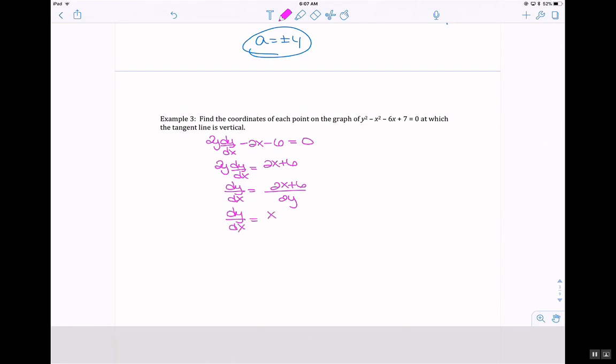They're all divisible by 2, so dy/dx is equal to x plus 3 over y, because I could factor a 2 out of my numerator. There's a horizontal tangent when the numerator is equal to 0. And my denominator being equal to 0 is my vertical tangent.